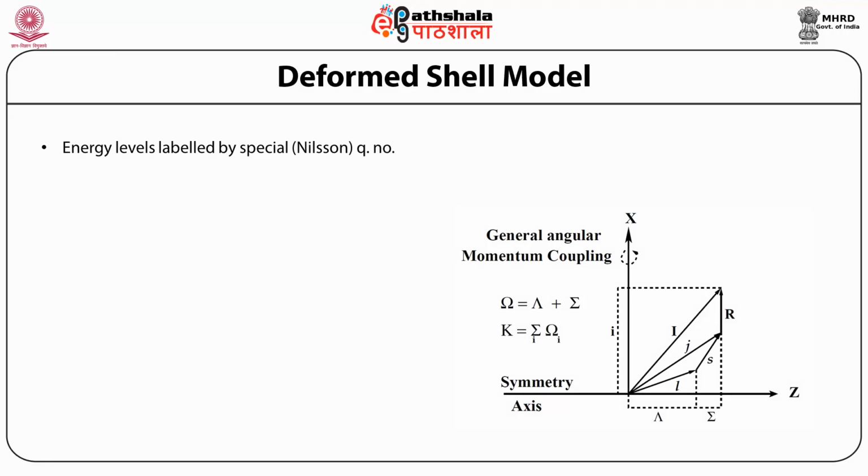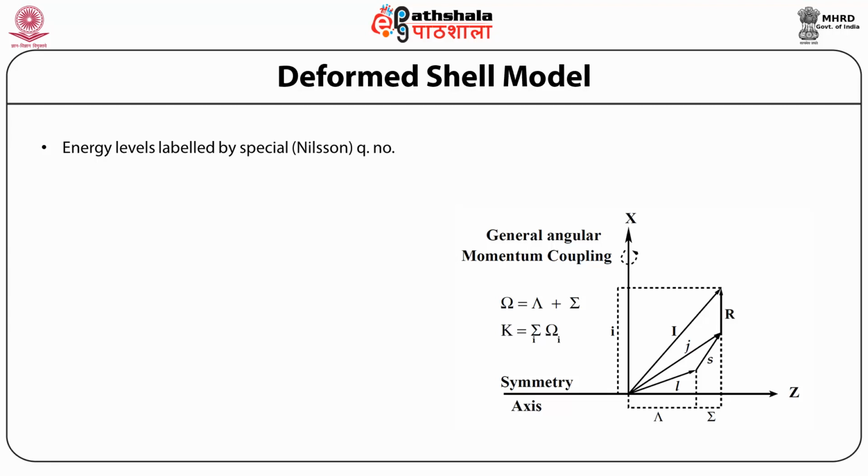Deformed shell model. Now in this slide, the labeling of energy levels in the deformed shell model is discussed. Because the deformed shell model energy levels are different from the ones we obtained for the spherical shell model, we have to name them differently. We cannot name them in the same way as we did for the spherical shell model. In order to label them, Nilsson introduced some quantum numbers which are called Nilsson quantum numbers.